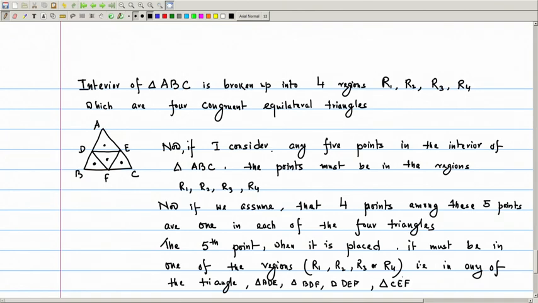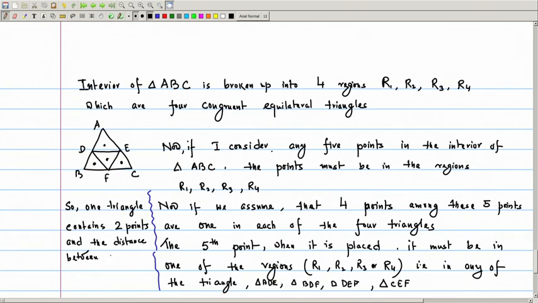That means one triangle must contain 2 points, and the distance between these 2 points is at most half, since BD and AD are half and these triangles are also equilateral triangles.